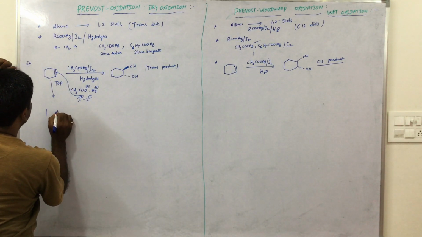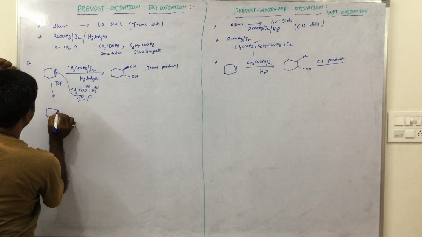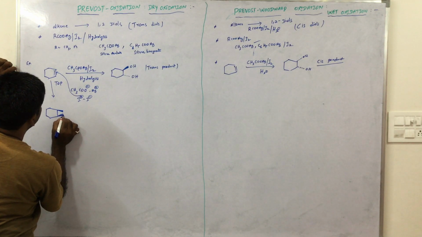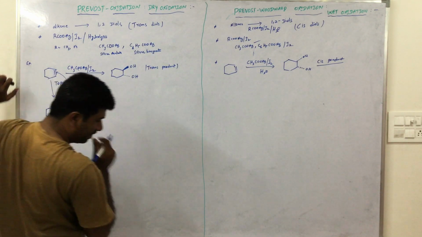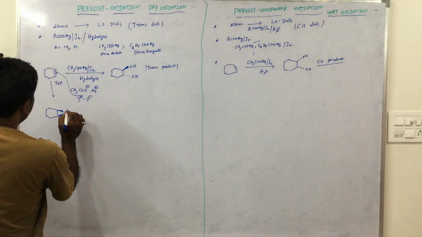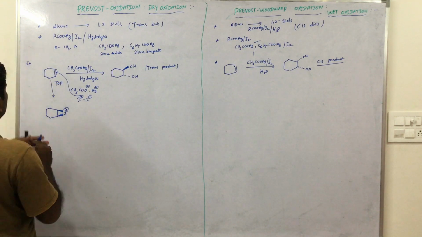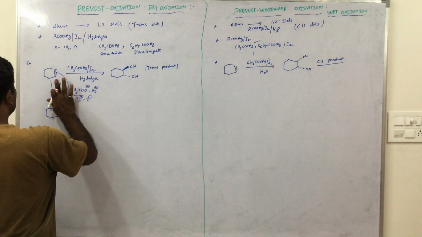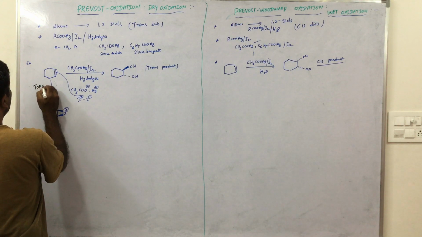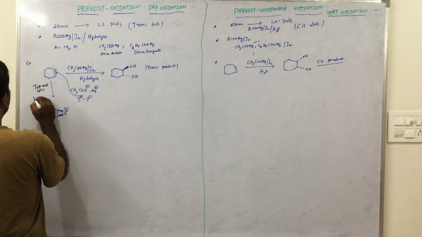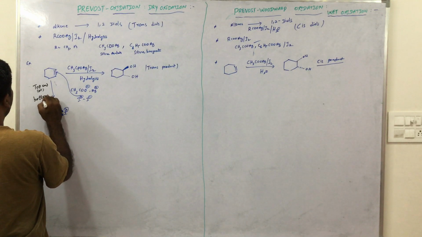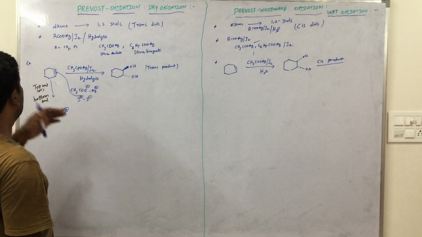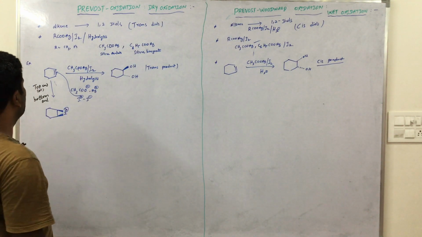We get this one, iodine plus, attacking the top end or the bottom end of the carbon. Both sides are possible, iodine can attack either side, but we get the trans product only.